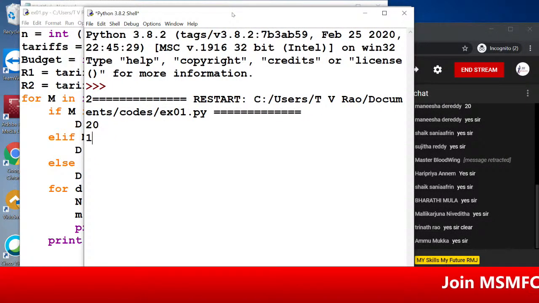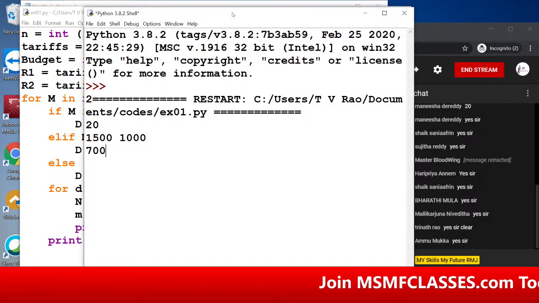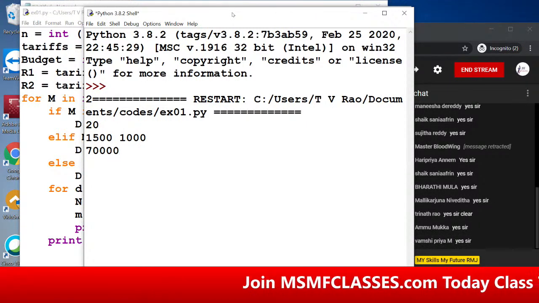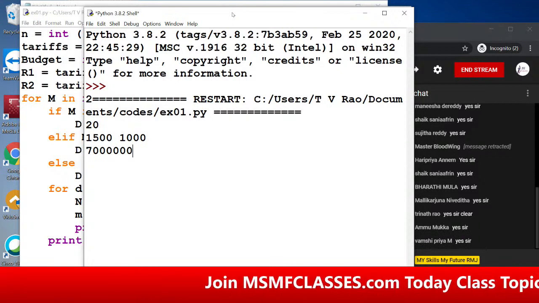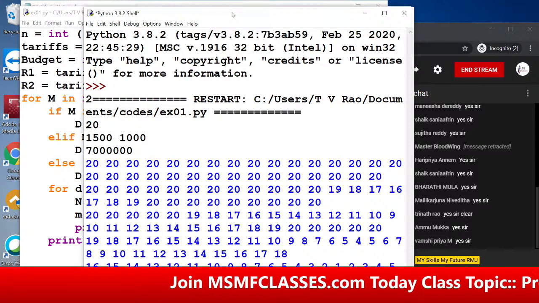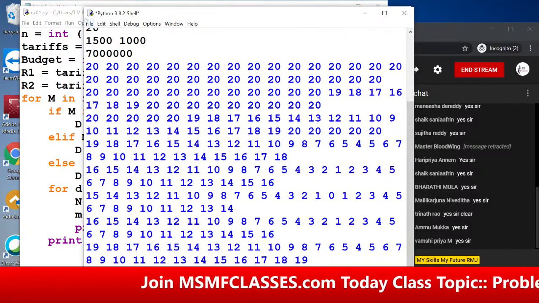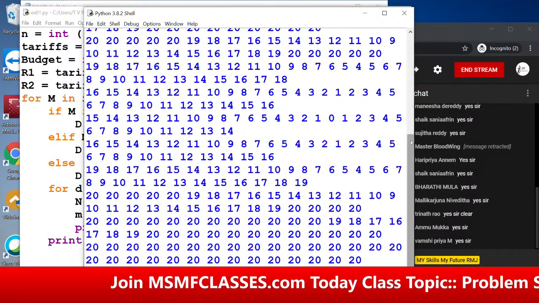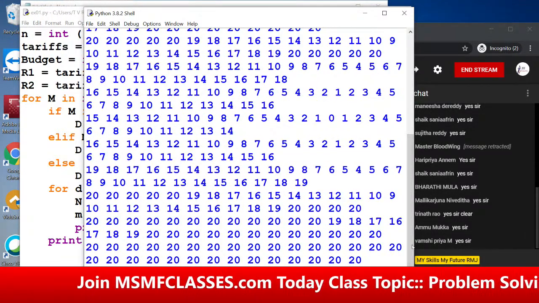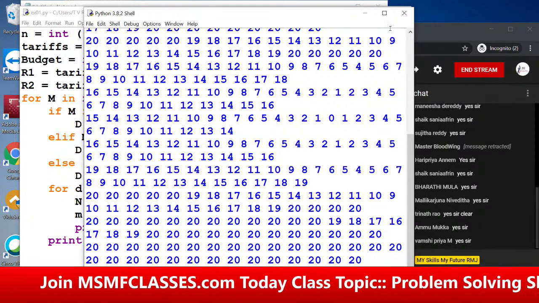Yes, TV room 1500, non-TV room 1000 rupees, and the budget 70 lakhs. Okay, you can see here maximum is 20. On no day it is greater than 20.